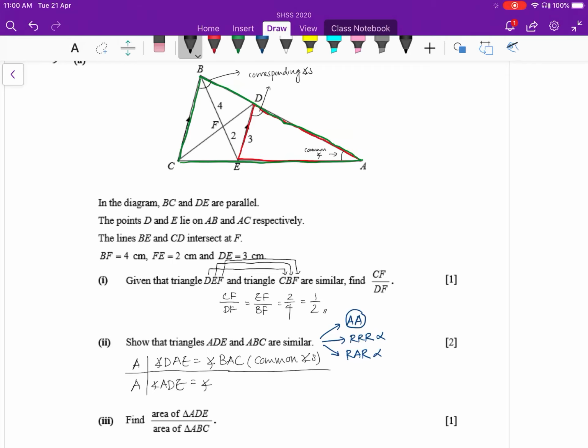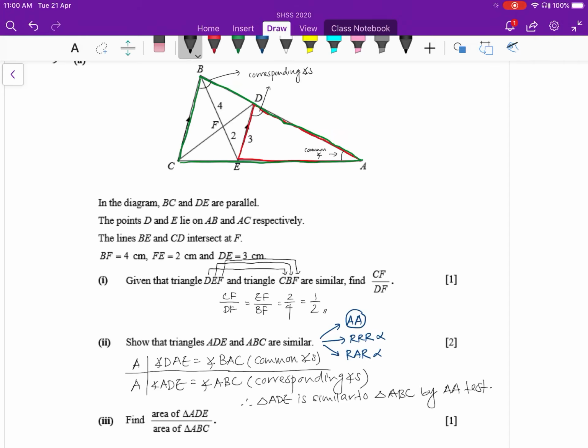It's the same as ABC because they are corresponding angles. Therefore, triangle ADE is similar to triangle ABC by the AA test. And we are done.